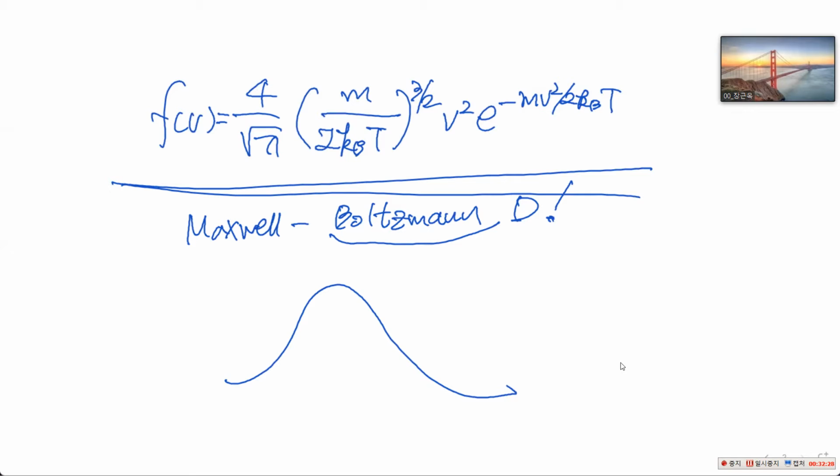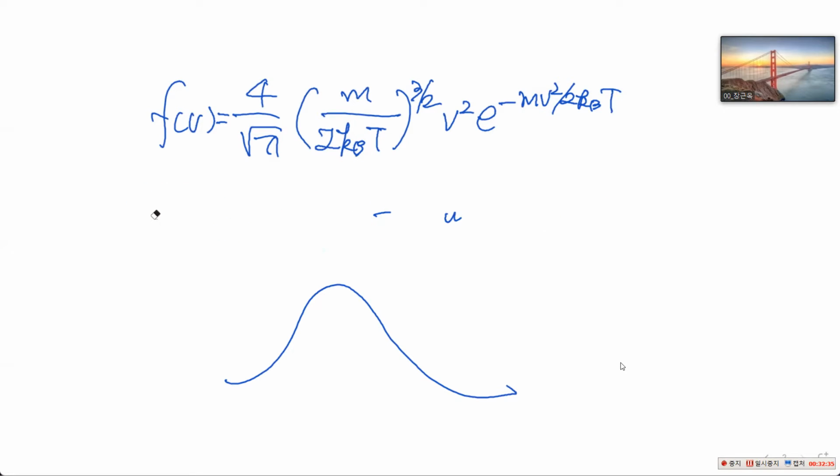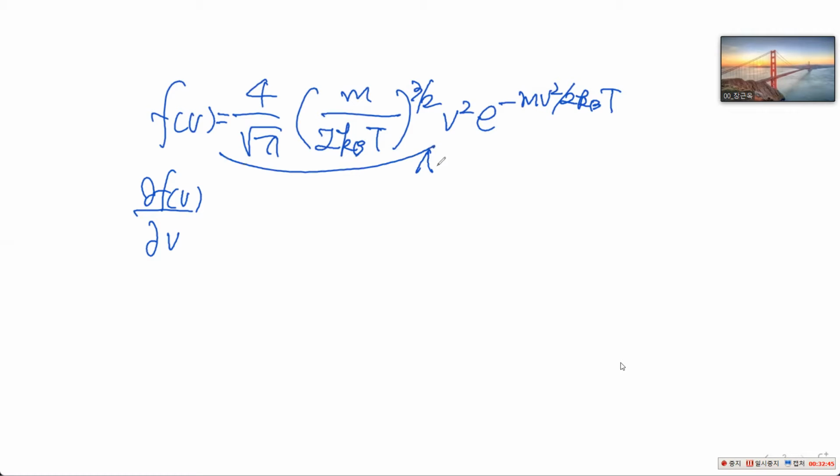So maybe we can. So here is the distribution. Then how can we calculate the peak? Peak value means Fv. So we take the derivative. So once assuming there is a, okay, just constant a, then derivative will give 2a minus kbt.